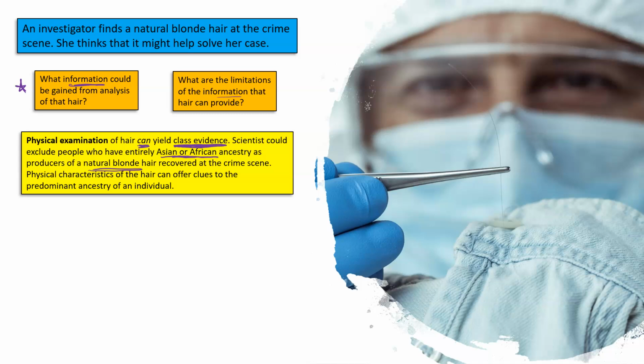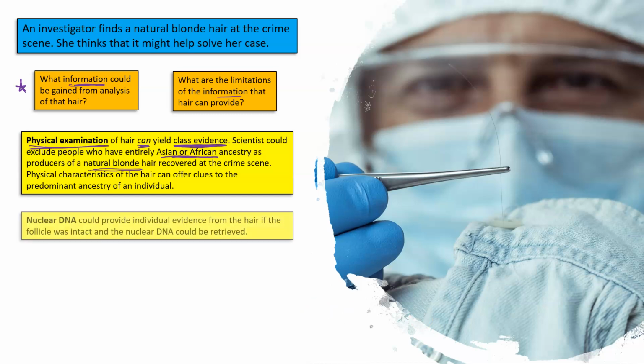So physical characteristics of the hair can offer clues to the predominant ancestry of an individual. Again, that is from the physical examination. We haven't delved into the chemical composition of the hair or looked at trace minerals or elements within the hair. We are just looking at physical examination, like the shape, the length, the thickness, the medullary index, the cuticle index. It was blonde, so we can rule out all people that are not naturally blonde.